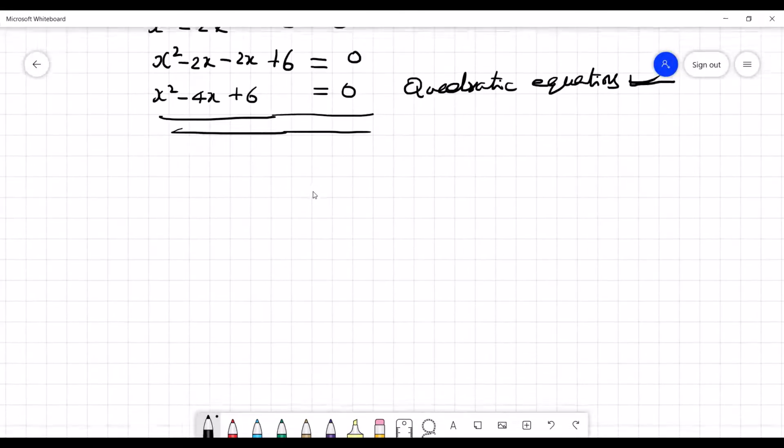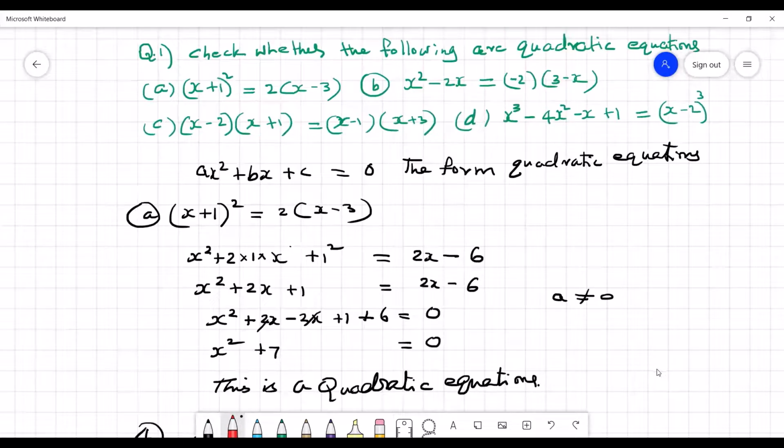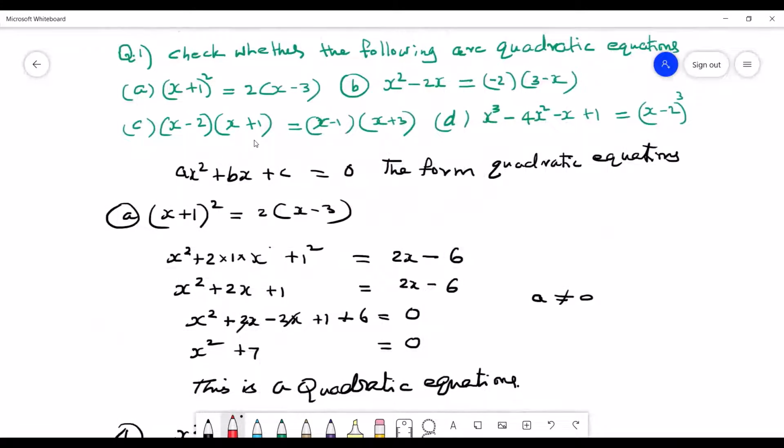Now let us come to the third question, question number C. Let me check what question number 3 is. x minus 2 into x plus 1 is equal to x minus 1 into x plus 3.